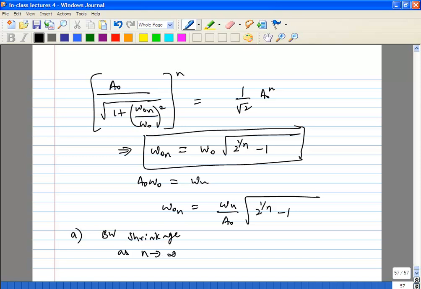So let's say you have a very large number of stages, bandwidth omega n actually tends to 0, but your DC gain tends to infinity, okay, that is obvious.